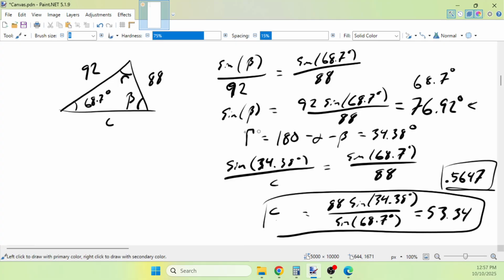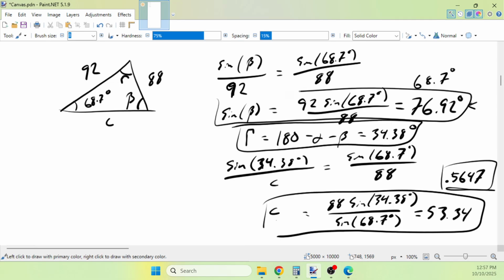That's the side, one of the two angles I was missing.